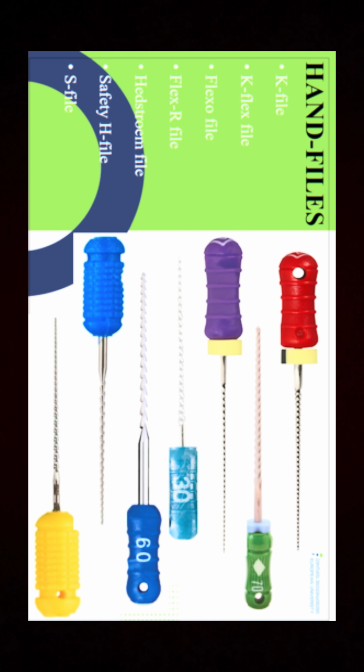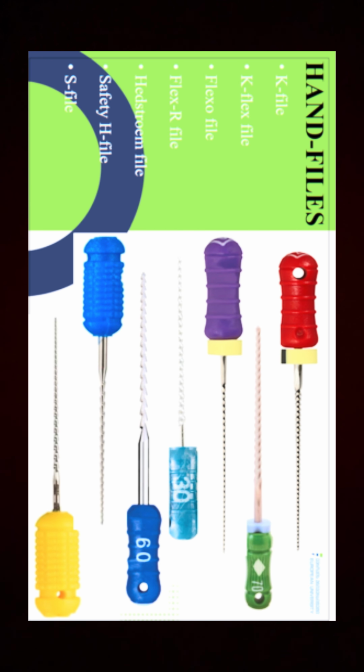The flame head cuts laterally and is used with a gentle apically directed pressure. If the drill binds during use, it will fracture at the neck of the shaft and will extrude from the tooth.